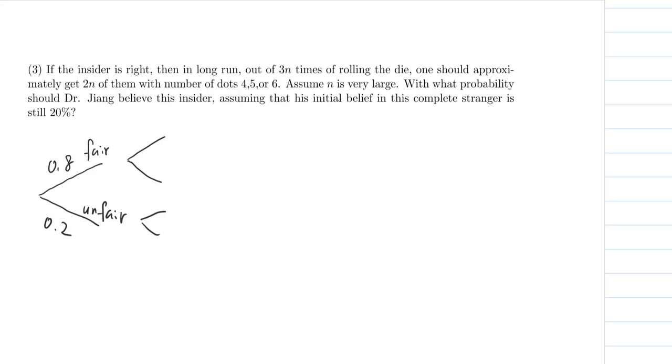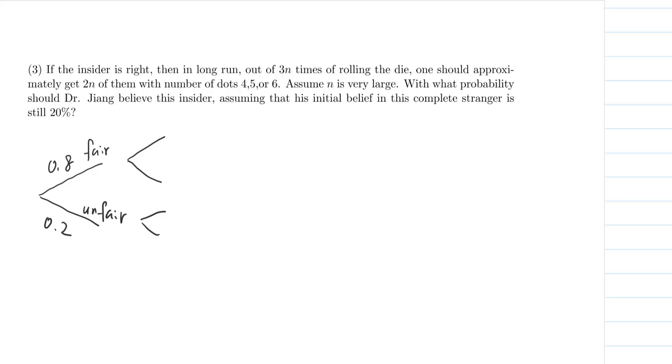All right, now let's look at this third part of this problem. We know that if this die is really unfair with a 2-to-1 ratio favoring the bigger numbers, then after a long run, we should be able to use experiments to verify this.